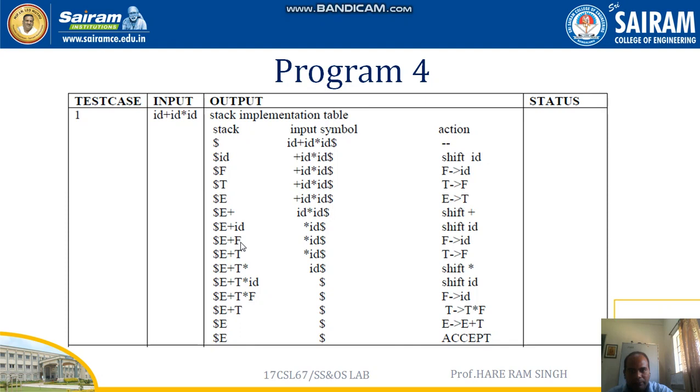Next, this ID can be replaced by F, as we saw earlier when ID was replaced by F. So ID is replaced by F, and the input symbol is the same, and F can also be replaced by T. Here these are reduce actions: F is replaced by T. Next, shift will be star.